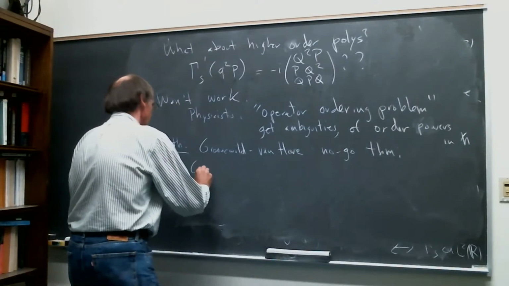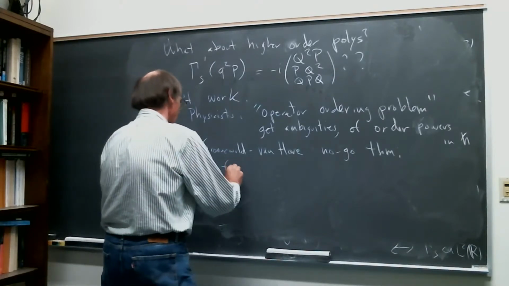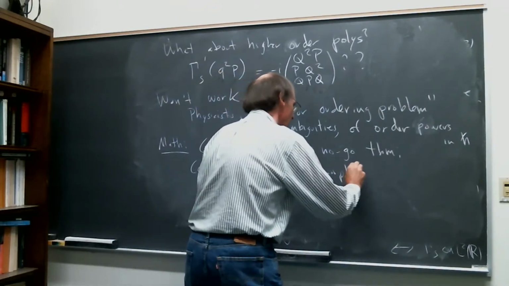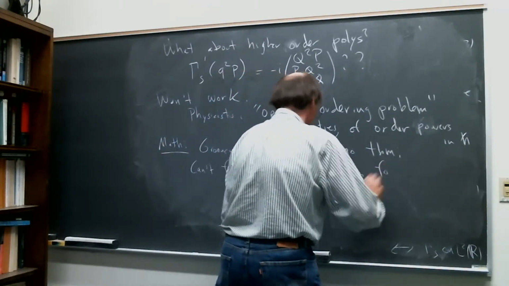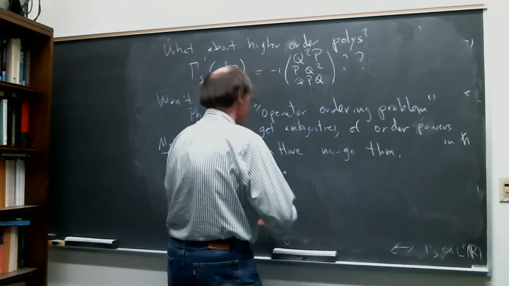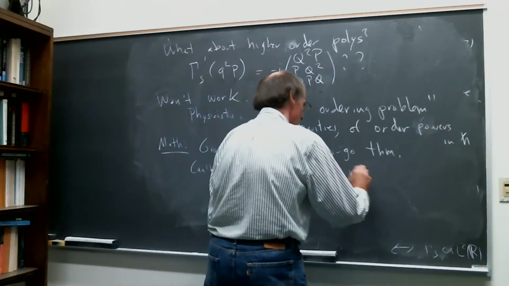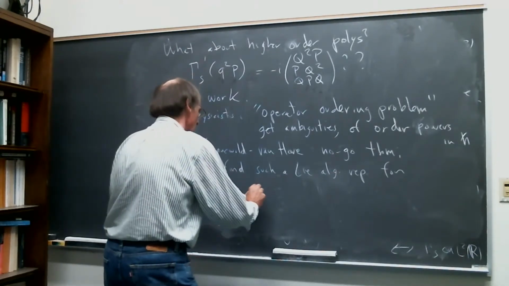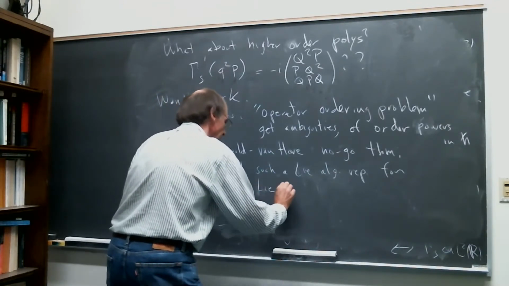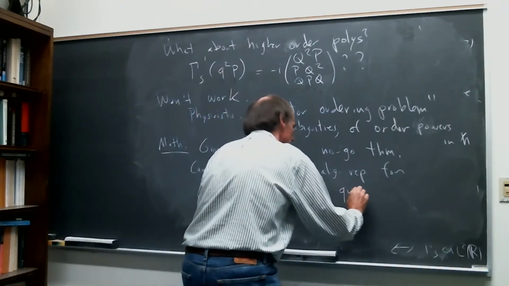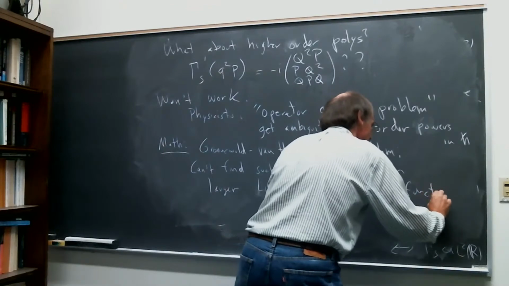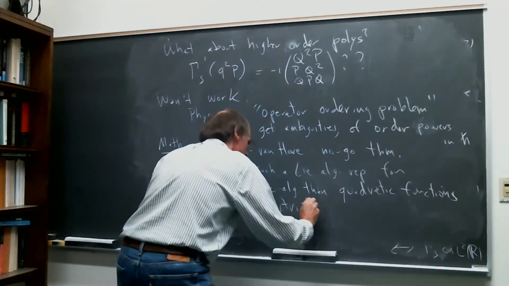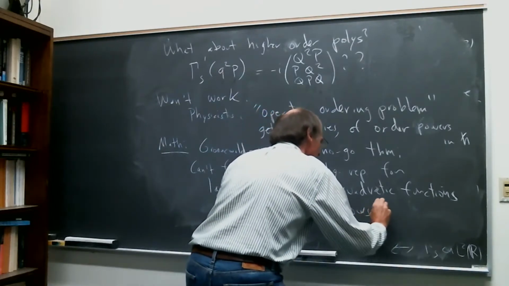You can't find such a homomorphism, or it may be better to call it such a Lie algebra representation, for larger Lie algebras than the quadratic functions that restricts to ours on quadratic functions.